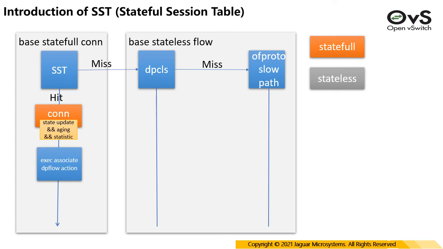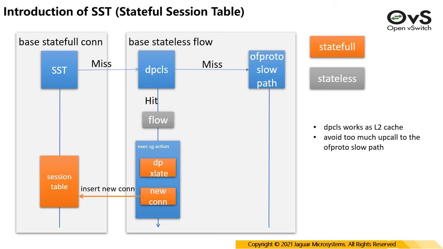The following packets from the same connection will hit the SST cache, and the actions will be directly executed. The connection status update, connection aging, as well as the per-connection statistics update are all packet-driven. They will automatically update once a packet hits the SST entry.